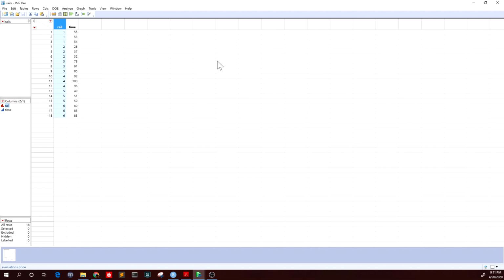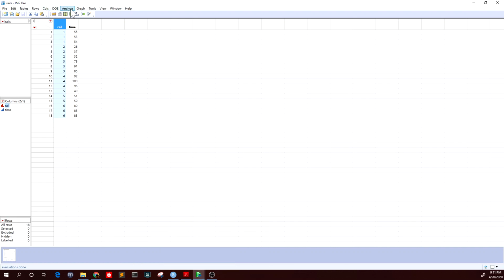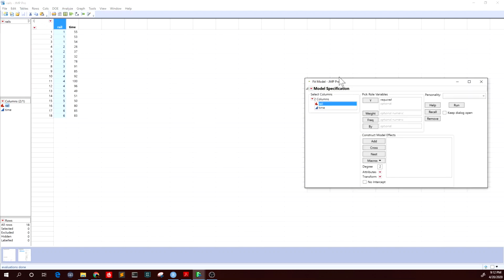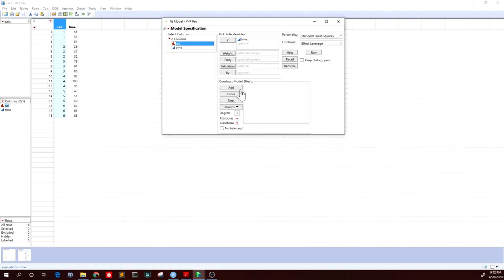And oh yeah, there is one more thing. We can use JMP output to make a normal QQ plot of the residuals. So to get that plot, you need to use Fit Model. So in the Fit Model, Y is the response and rail is the construct model effect.